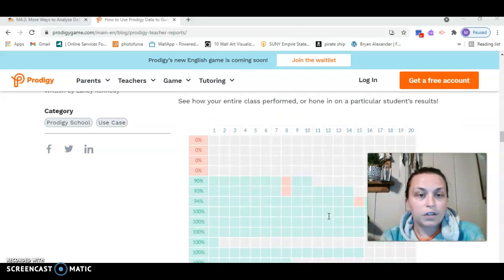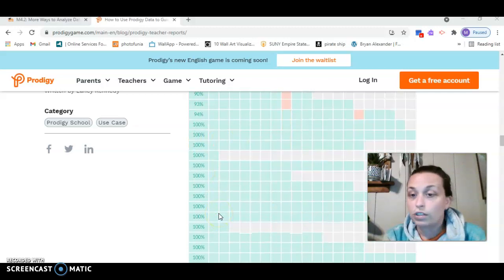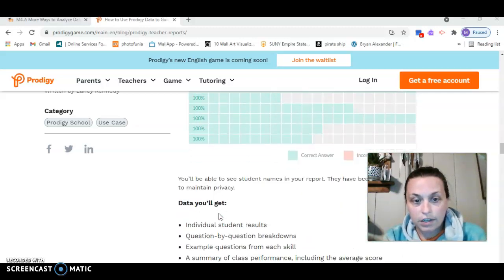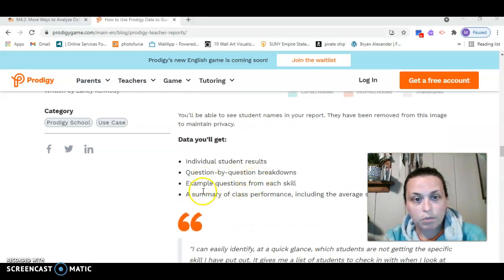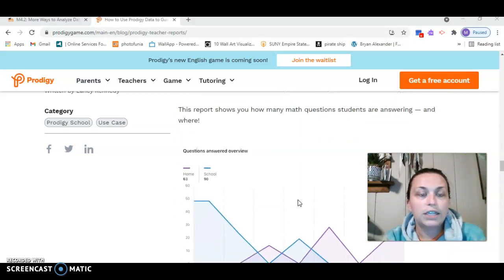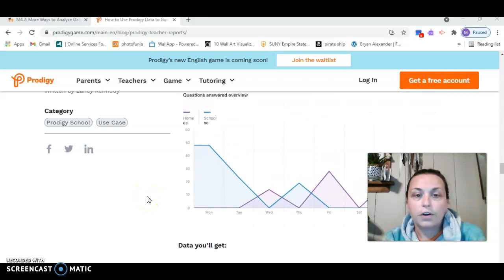You can use these for your assignment and plans and see where your students or your children are performing for the activities that you've given to them, question by question breakdown, summary of class performance and average scores, student usage. This is great if you're using this.